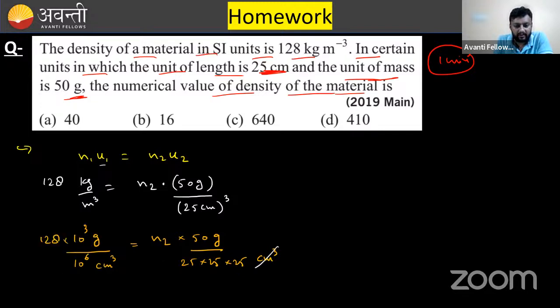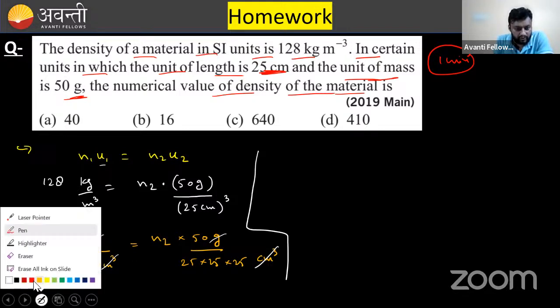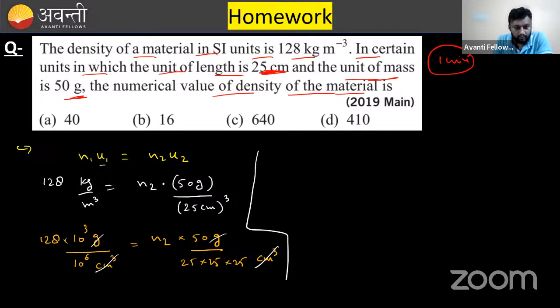I can cancel out centimeter cube with centimeter cube, gram with gram. Now, this is the thing that I shouldn't do actually. Can you see that 128 divided by 1000 will become 10 to the power 3. This 50 will come downside, and these 25s will go 25, 25, 25. This is what N2 is.